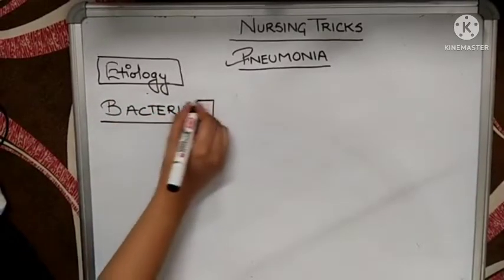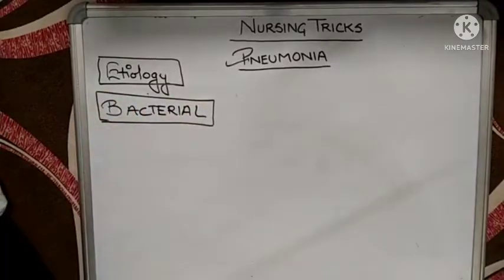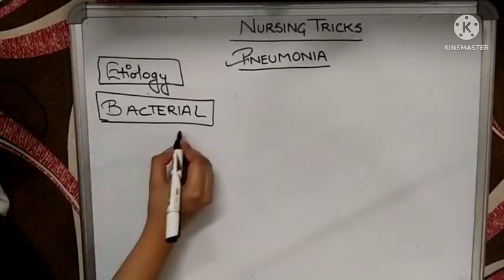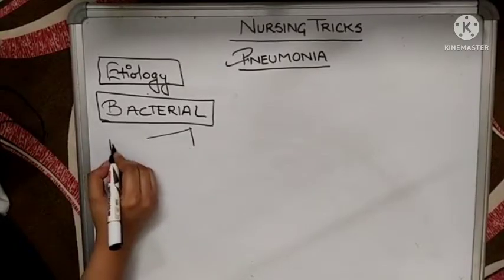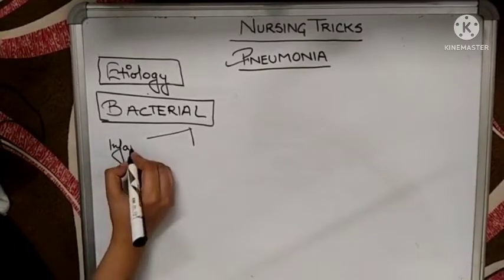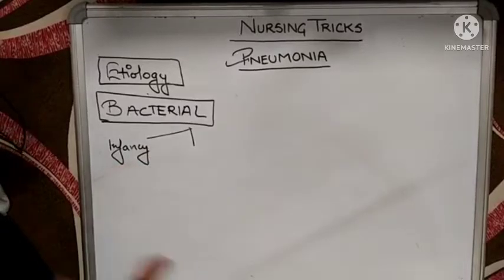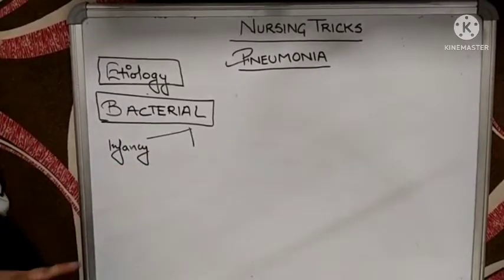Now let us just see what all bacteria are responsible for this pneumonia. So first let me tell you that, in the age group of 0 to 1 years, that is infancy, let us divide it so that we can remember the names of bacteria.